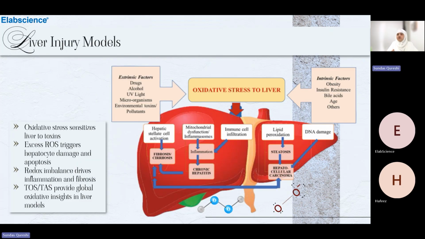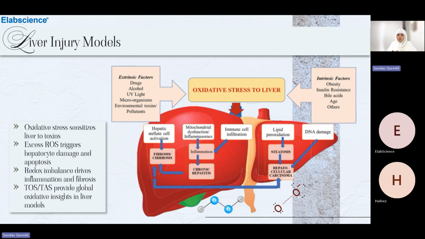In the case of liver injury models, oxidative stress also plays a central role in driving hepatotoxicity. Excessive reactive oxygen species can damage the hepatocytes, triggering apoptosis and impairing liver function. This redox imbalance also promotes inflammation and can contribute to fibrosis over time.